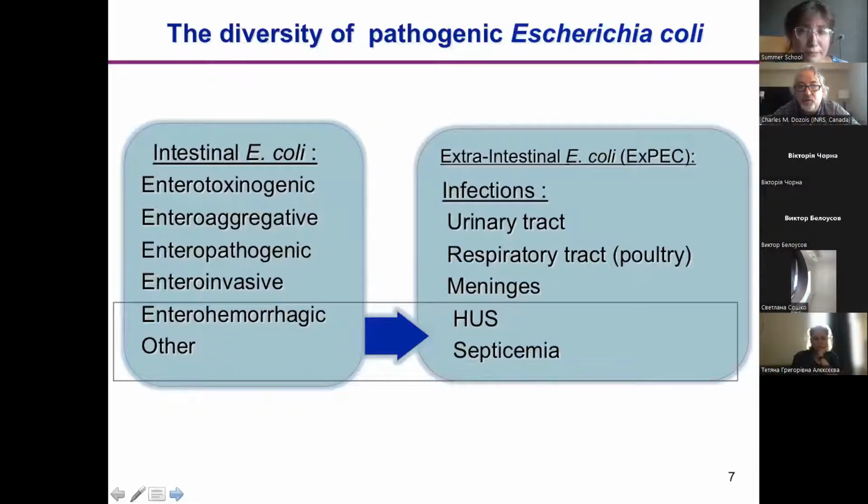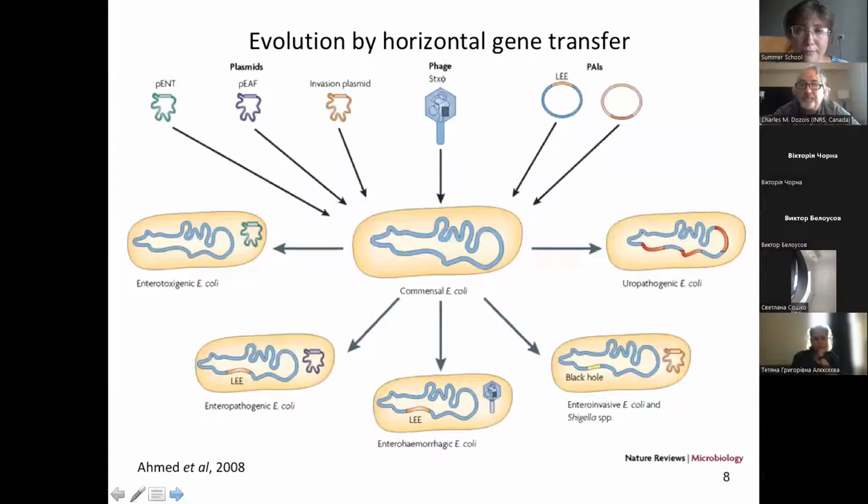And so why is that? Well, here is your basic molecular genetics course when you're first learning about different aspects of bacterial genetics. And all of that comes into play in how E. coli has evolved over time to become virulent in different ways and in different hosts.